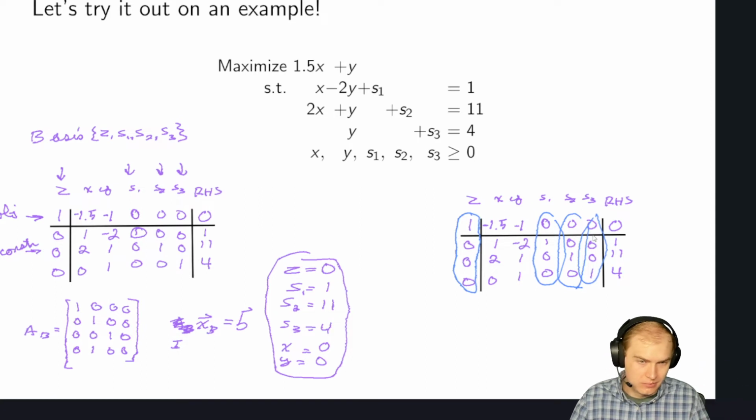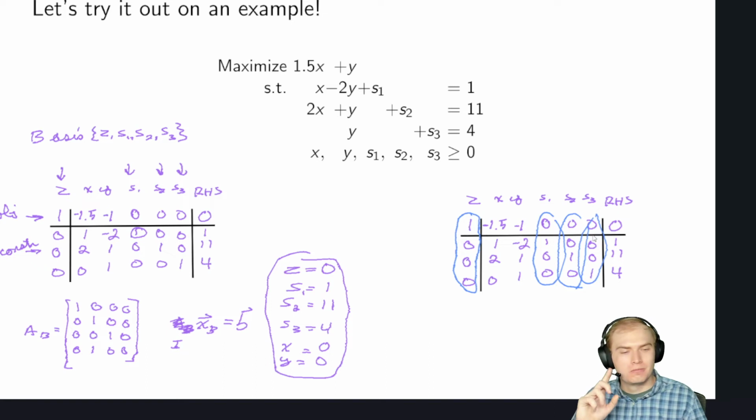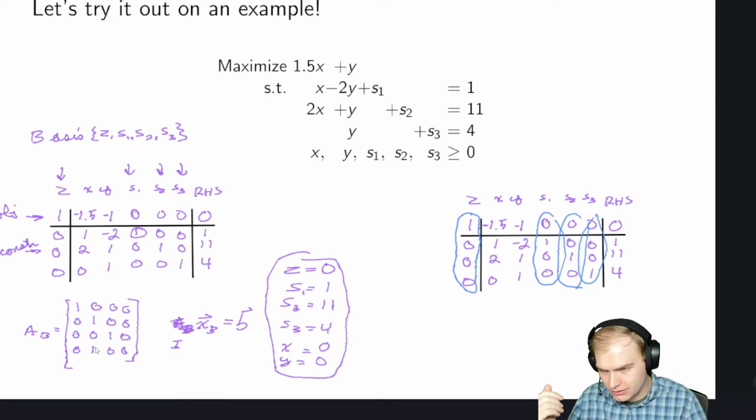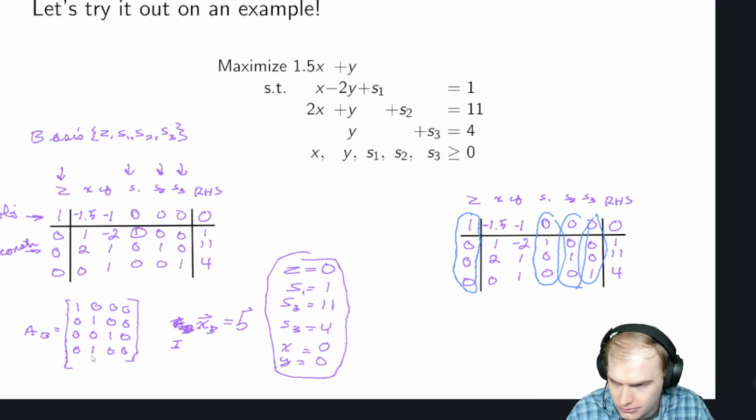And if we were to scrunch them all together, and we might have to permute them, they will form an identity matrix like they did over here. And I wrote a 1 there when I changed this. That should be a 0.